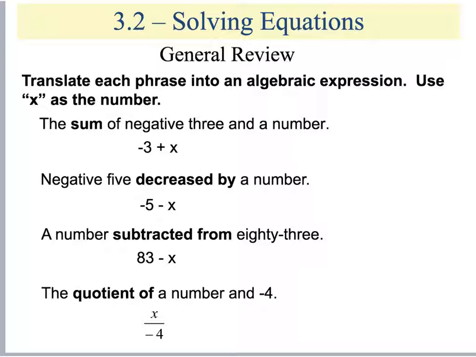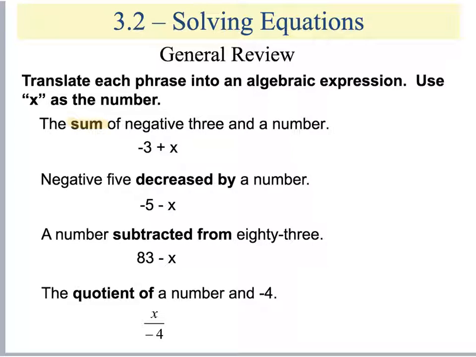So this will be translating our algebraic expressions into phrases. Some of the things that we could say: the sum of -3 and a number. So this is the word that we're looking at right here. Let's make that a little bit bigger so that I can highlight correctly.